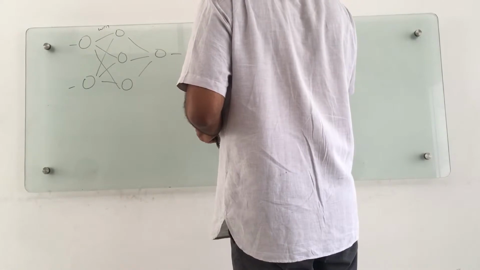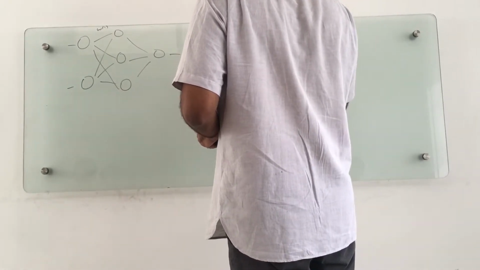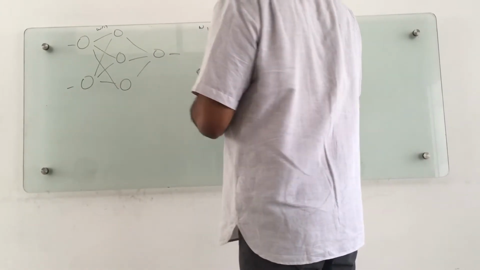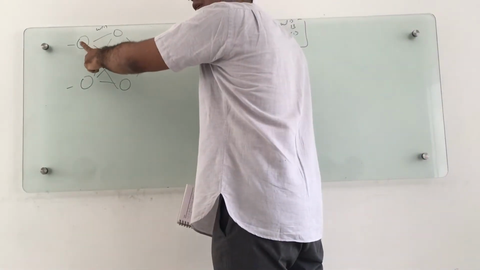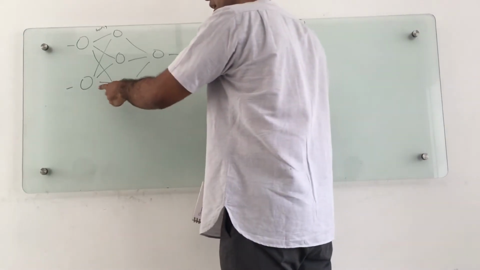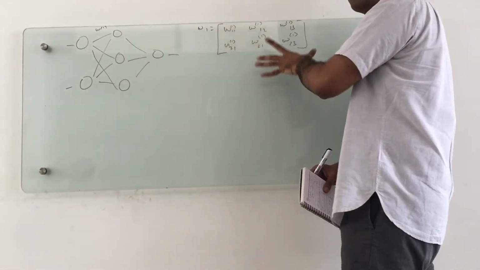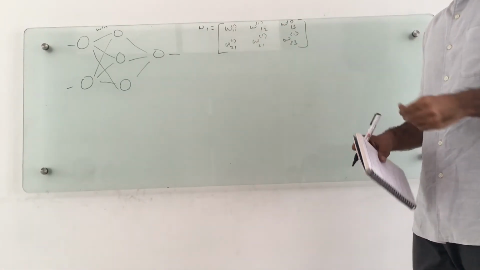These are the set of weights for the first neuron, and these are the set of weights for the second neuron. And you don't have a clue about any of these values, right?